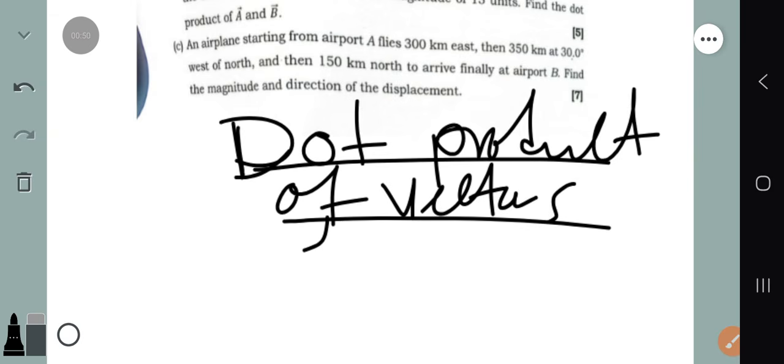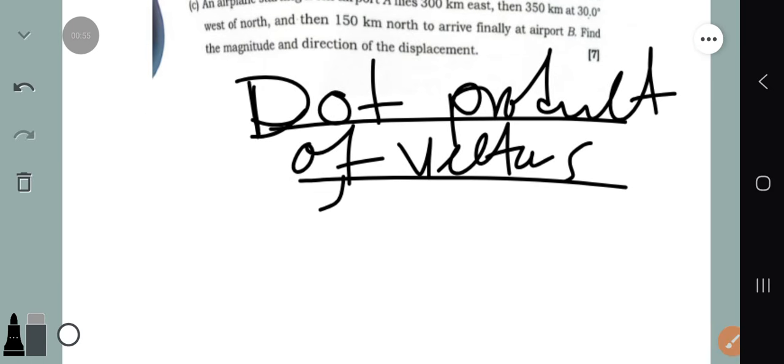Dot product of vectors. So remember, a vector is a physical quantity that has both magnitude and direction.